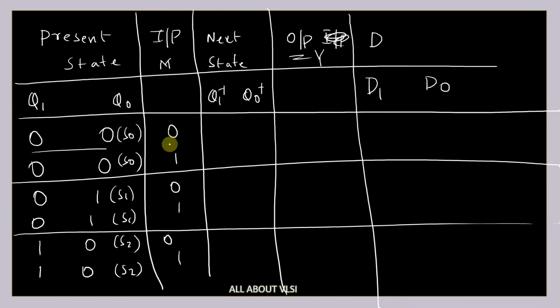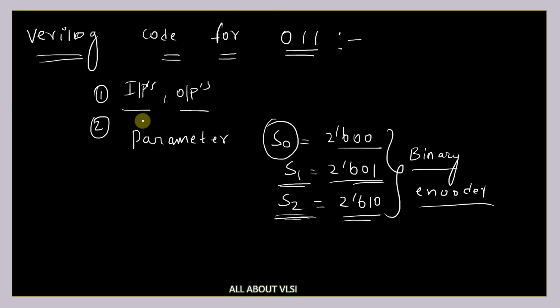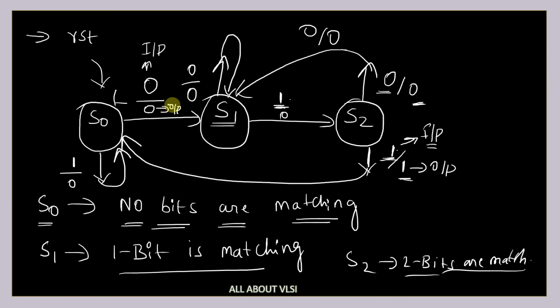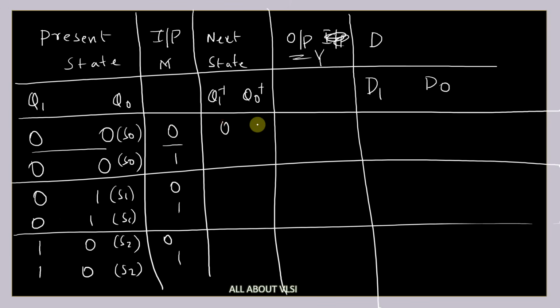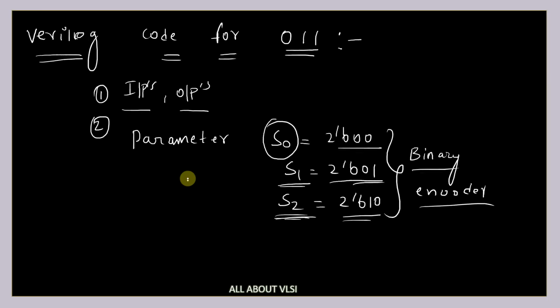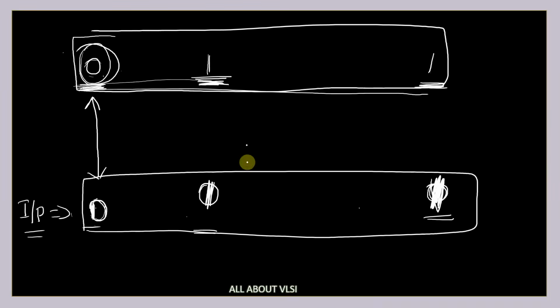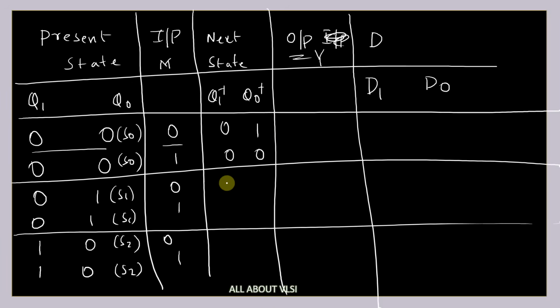If we are in S naught and my input is equal to 0, we are going to S1 state, and otherwise we are going to stay in the same state. In S1 with input equal to 0, same state, or else next state.